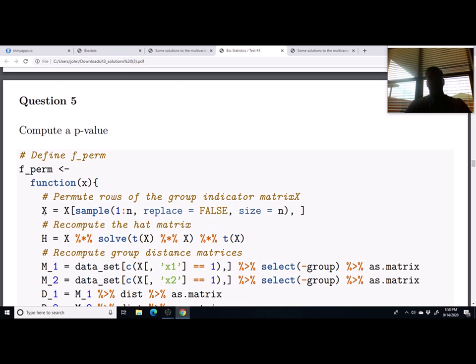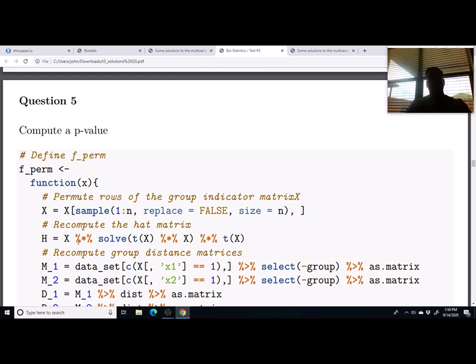And the first thing we do is we're going to rearrange the group indicator matrix. So we take x. And then what's happening here is I'm rearranging the rows. I'm sampling from 1 to n, where n was the number of rows. I don't replace, and the size is n. So I'm just going to permute the row numbers, and the effect of that is that, remember, x was the group indicator matrix, so I'm just permuting that grouping variable randomly.